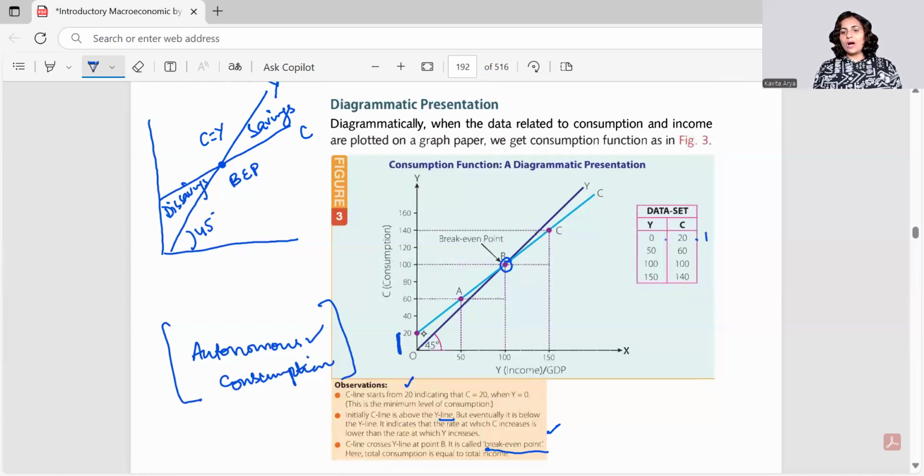It means you are either consuming from your past savings or you are borrowing. So this area before break-even is called dissaving or borrowing, and this area after break-even is called savings, when you are able to save a bit from your income.